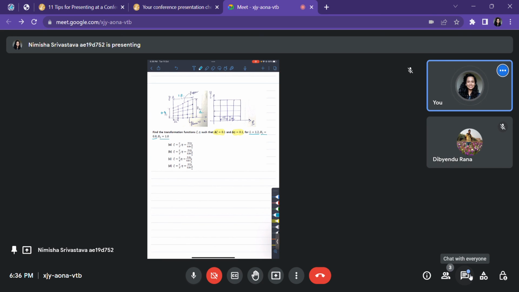Right. So once again, I'm going to mark my important points, these four points, the boundary points. Of course, all points are important, but these are the points that we have short information on. So why not use them to confirm our relations? So this is going to be 0, 0.